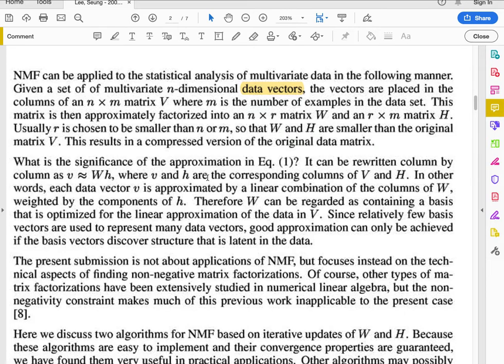They are saying that given a set of multivariate n-dimensional data vectors, the vectors are placed in the columns of an n cross m matrix V, where m is the number of examples in the data set, like we have T and F, so T was the samples, and n denotes the n-dimensional data vector. So remember, okay, maybe I should write it down.